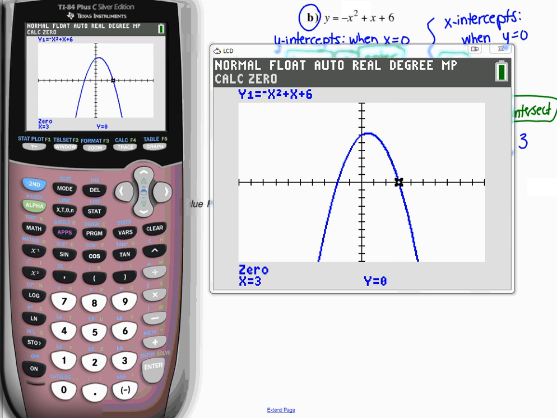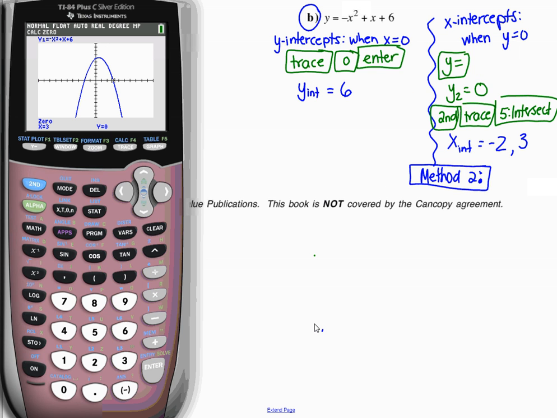And there's the other one of 3 and 0. Okay, so that is method 2. Method 2 is going second trace number 2, which is zeros, but you have to go left bound, right bound, and then enter. Okay, so that's the other option for x-intercepts.